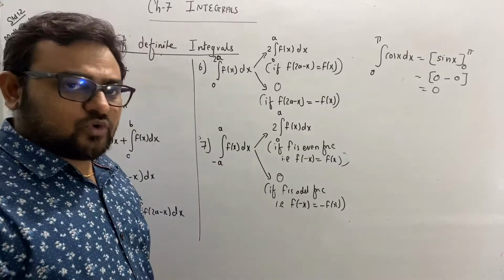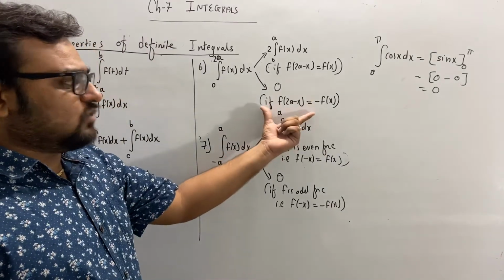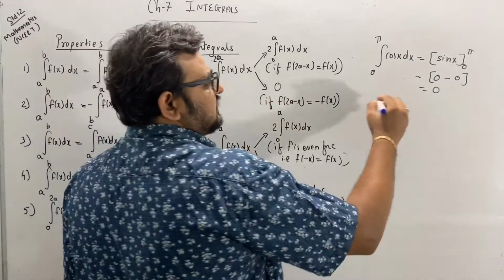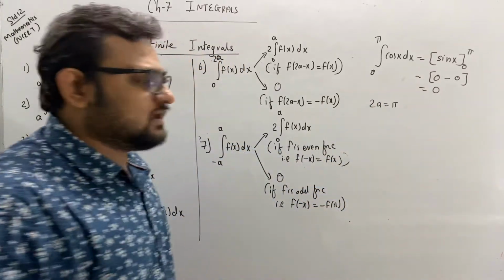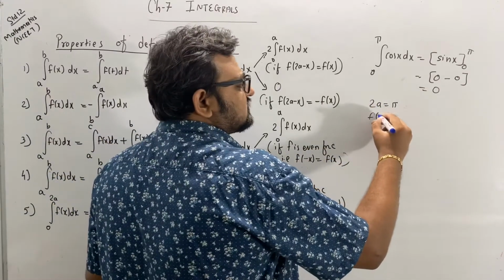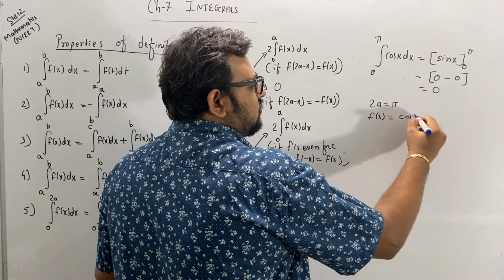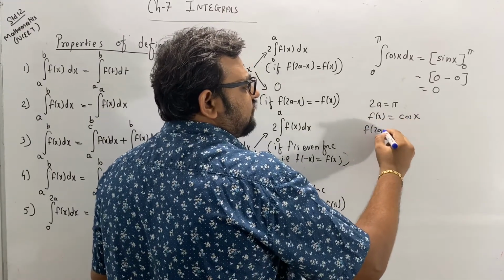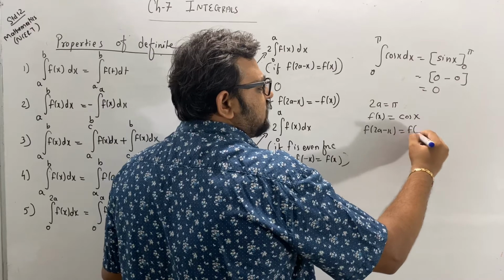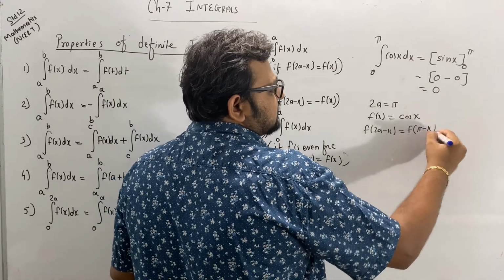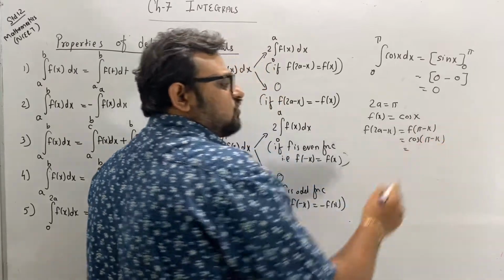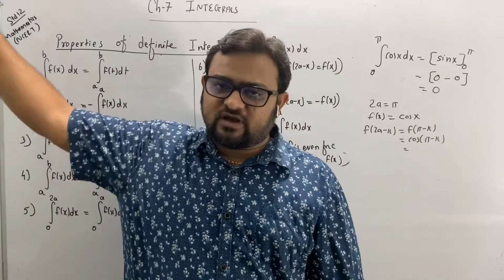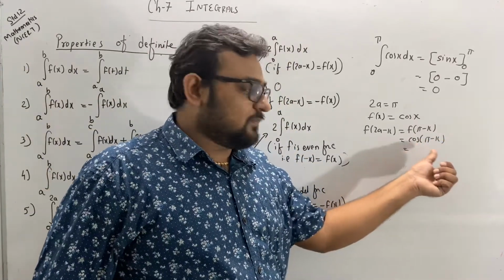Clear? Okay. Now using this formula directly, see 2a is equal to pi. Clear? f(x) is cos x. f(2a minus x) means f(pi minus x), cos of (pi minus x), second quadrant, minus, and pi shift should be cos.